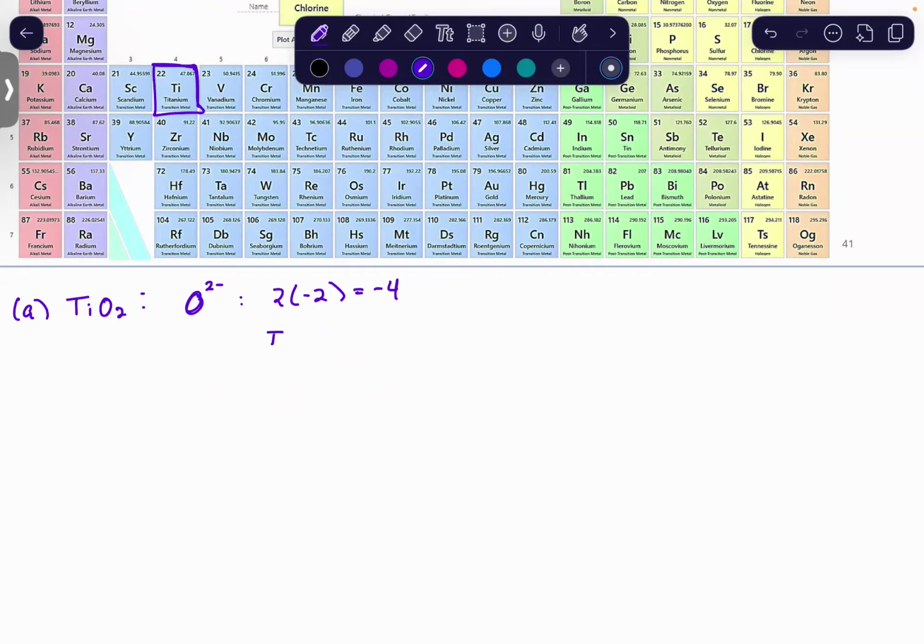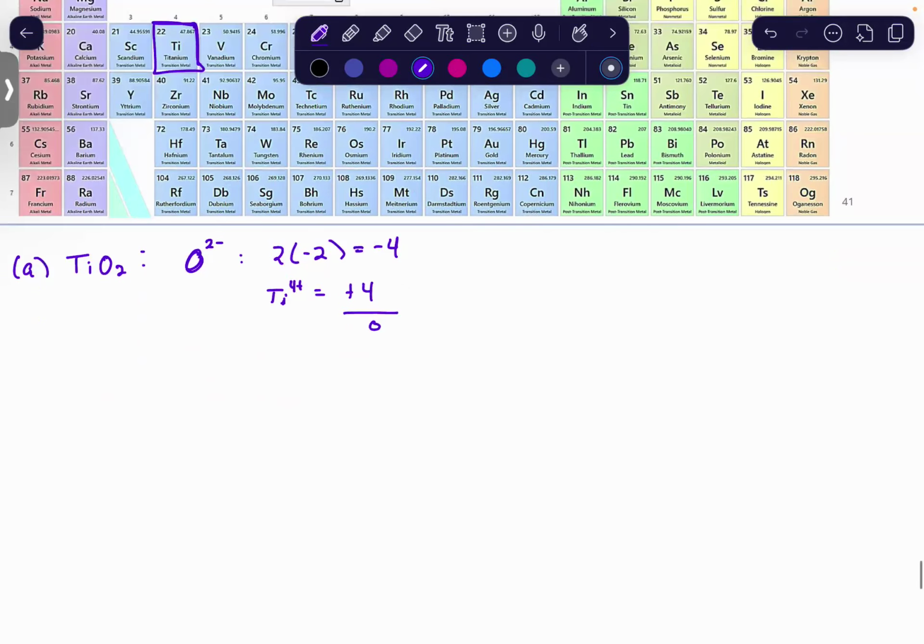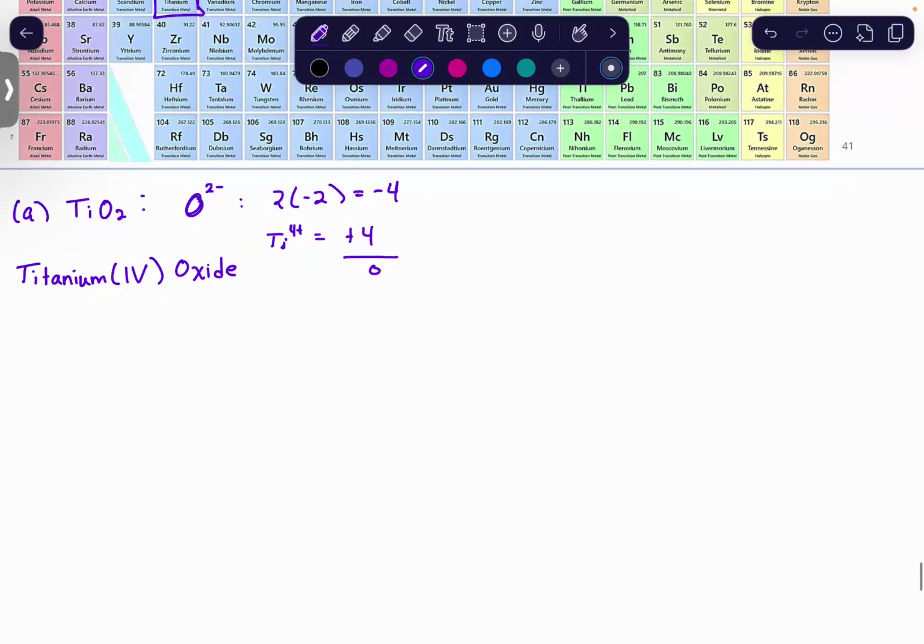So titanium has to be a 4 plus. So then, now that you know the charge on it, titanium 4 oxide. So again, make sure you're showing me some kind of logic so that I know you're not just looking these up.